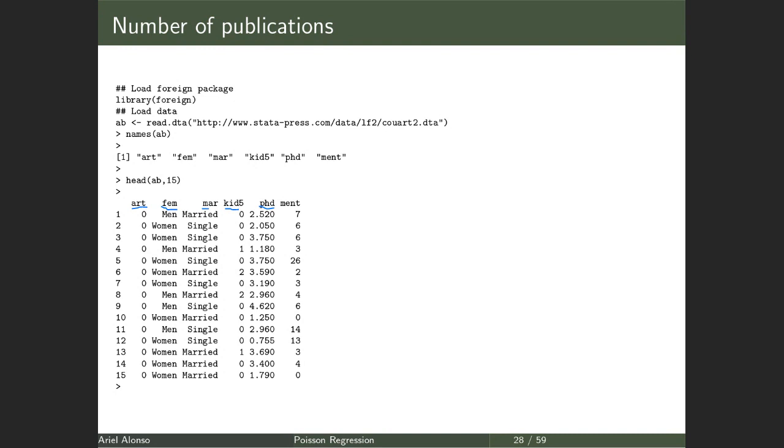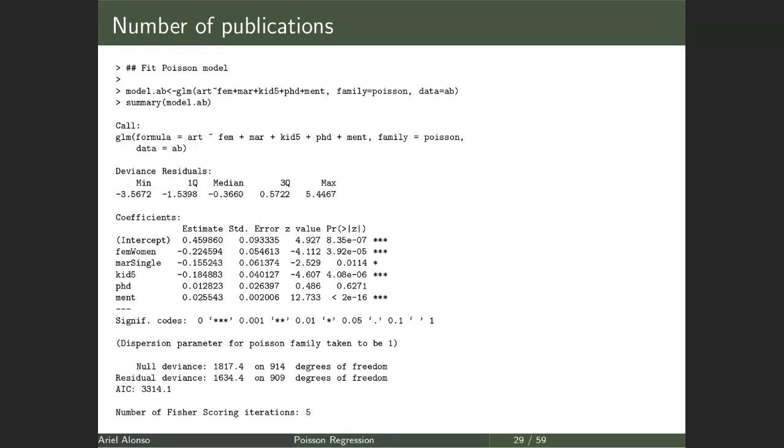And here you have the number of articles that the supervisor published in the same period of time. Let's try to fit the model. And okay, we do the same. You use the GLM function and you're saying, I want to model the number of articles as a function of all these covariates. It's a counting process, number of articles. So the family is Poisson. And I tell R to go here to look for the data. I fit the model and I put it here.